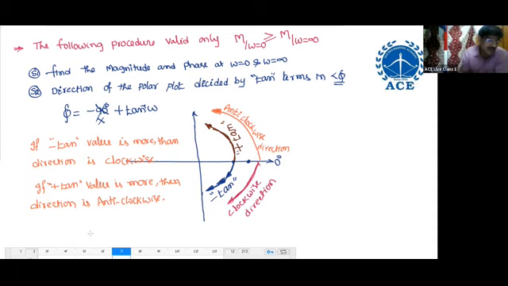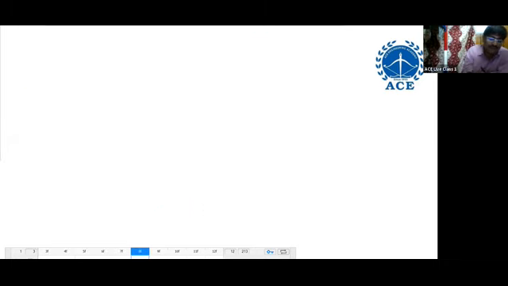Next, step 3. Steps 3 and 4 are more important: the starting direction, or initial direction.